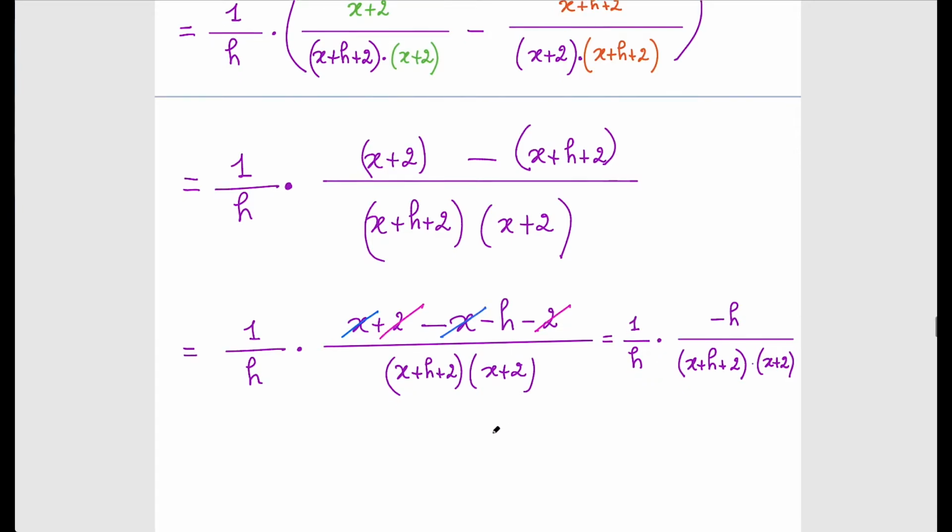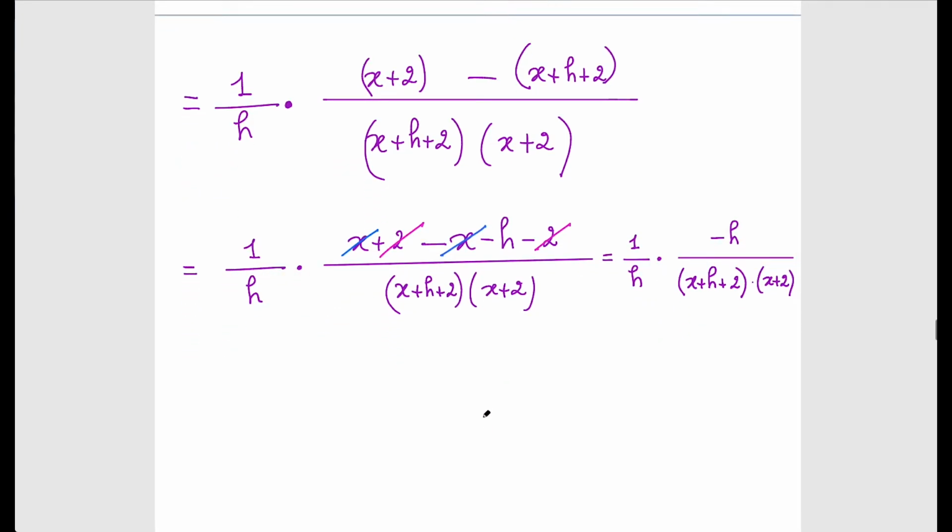Okay? And how much is this? Can we simplify any further? Negative h divided by h, you're only left with negative 1, right? So we get negative 1 upstairs divided by, here I have 1, 1 times this is that.